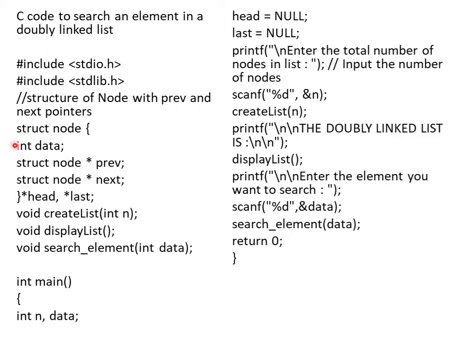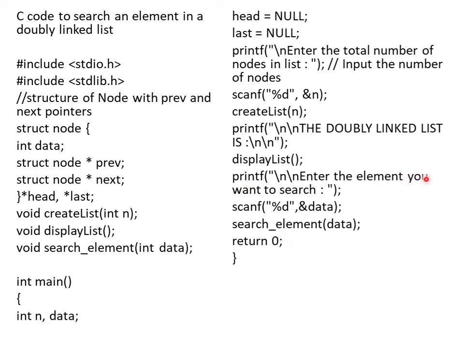Then I am calling the create function, which is called here. Next I am displaying the double linked list. That means after this function works, if I take 10 nodes, after creating the 10 nodes I want to see how it is created. For that reason I am going to display the list.